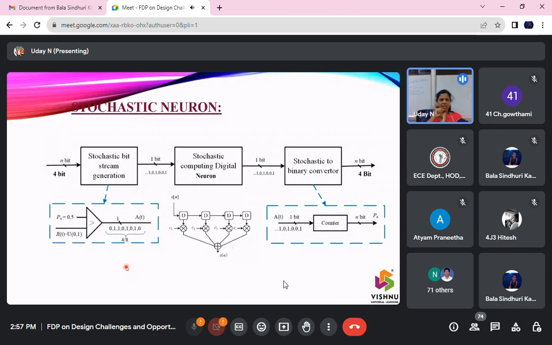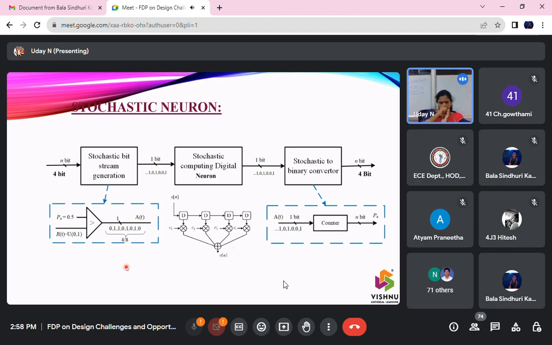We take a random threshold value of 0.5 and keep comparing the bits, and we give the probability of the output, that is, how many ones and how many zeros there are in that number. For example, in the number 0, 1, 1, 0, 1, 0, 1, 0, you have 4 ones out of 8 bits, so the probability will be 4 by 8.